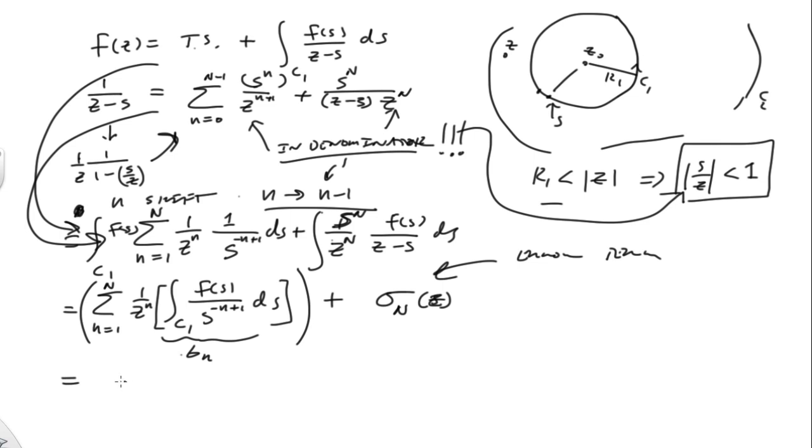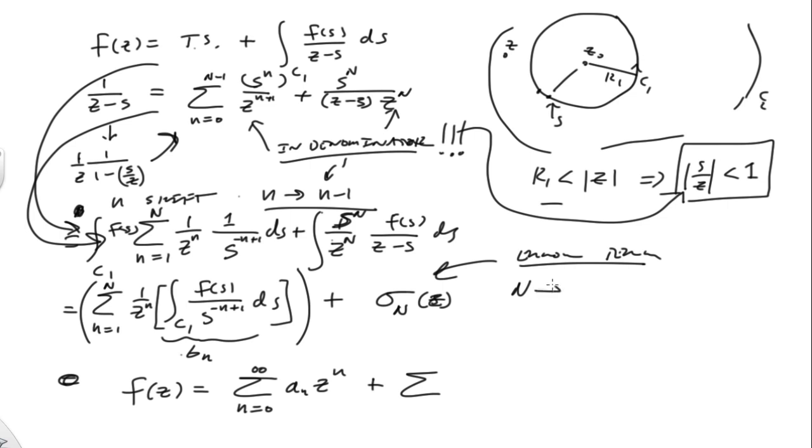And now what we have here is, again, we can write this now as f of z is equal to a Taylor series, sum n equals 0 all the way to infinity of an z to the n, plus, and now we have a new sum. And so this error term, of course, is as capital N goes to infinity.